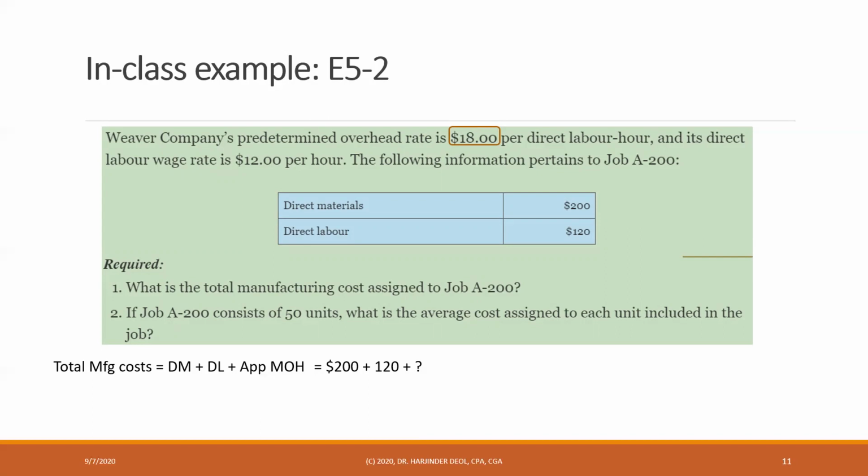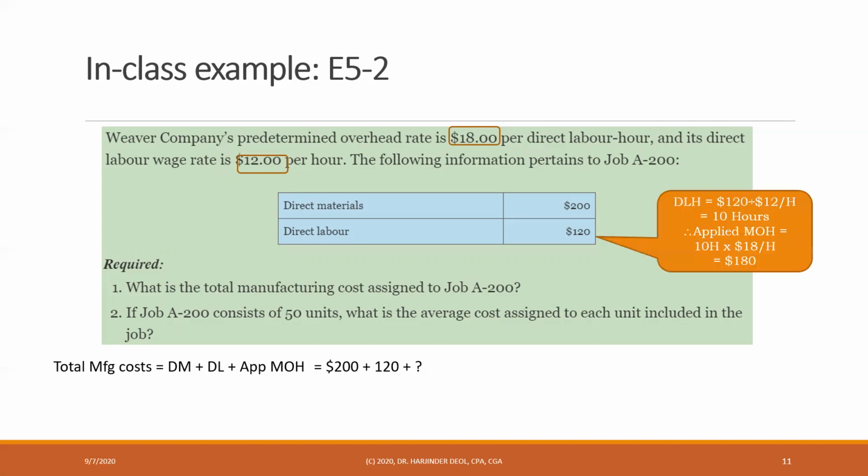What we are provided with is the total direct labor cost and the fact that the wage rate is $12 an hour. So we can use that information to calculate the number of direct labor hours. Direct labor hours is $120, the total direct labor cost, divided by the wage rate of $12 an hour, which is 10 hours.